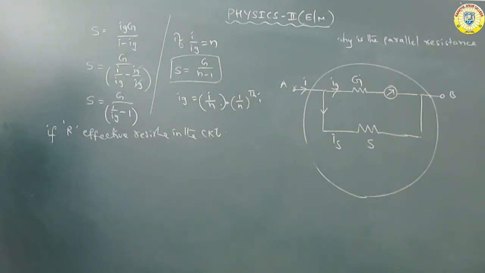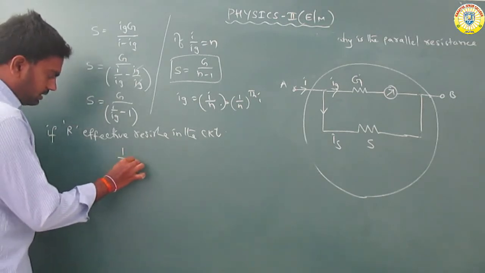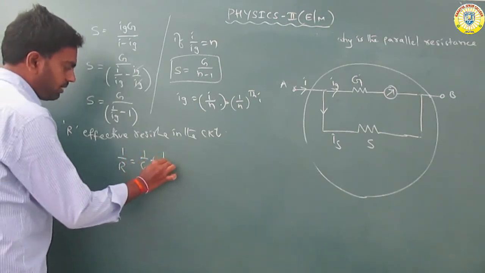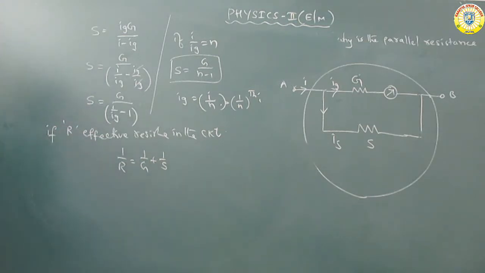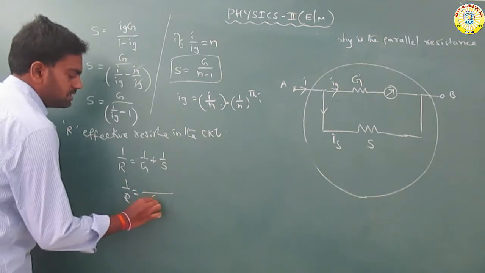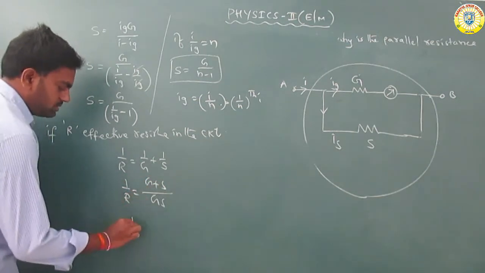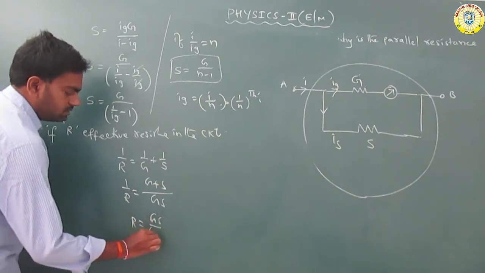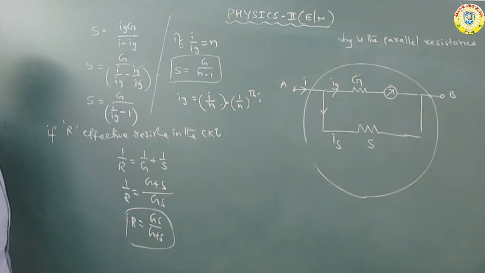So for the parallel combination, we can write 1 by R is equal to 1 by G plus 1 by S. G and S are connected in parallel, so to find the effective resistance, 1 by R is equal to G into S by G plus S. So R is equal to GS by G plus S.